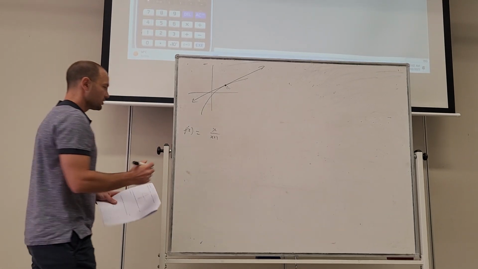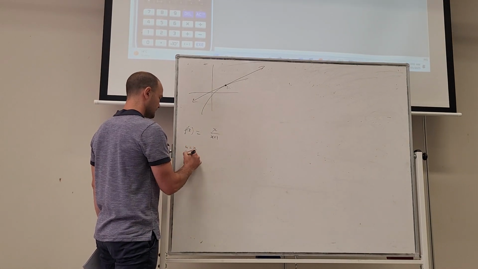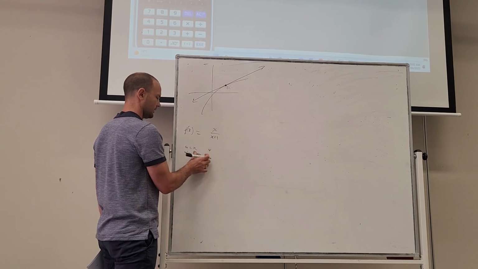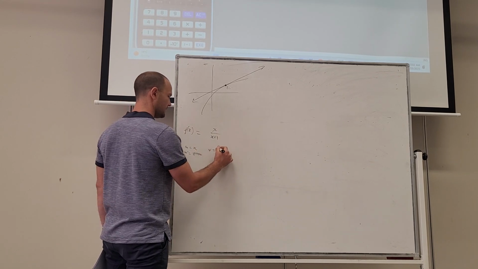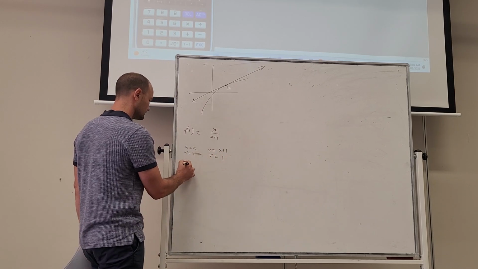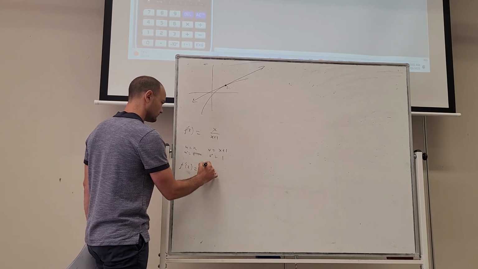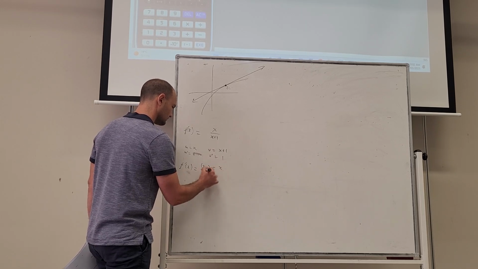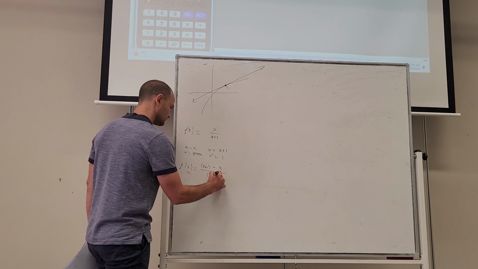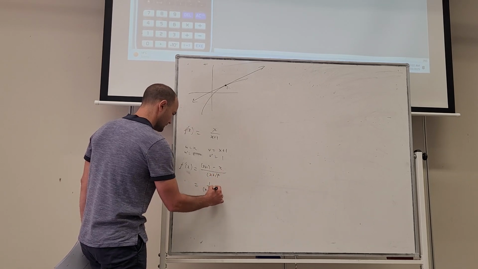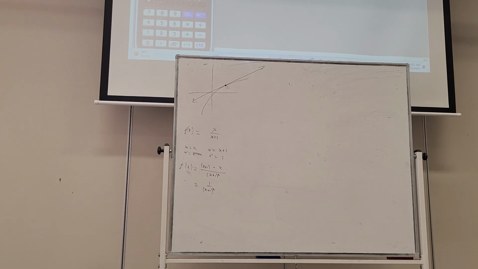So in order to differentiate, we'll do u is x, u dash is 1, v is x plus 1, and v dash is 1. Alright, so there's our derivative function. So 2 marks there for determining f dash of x.